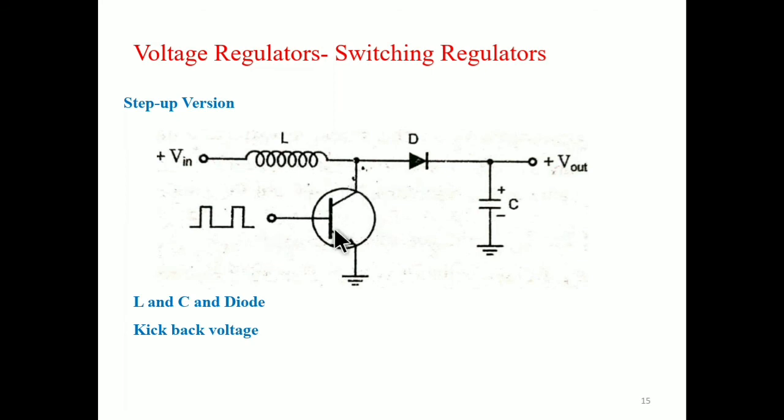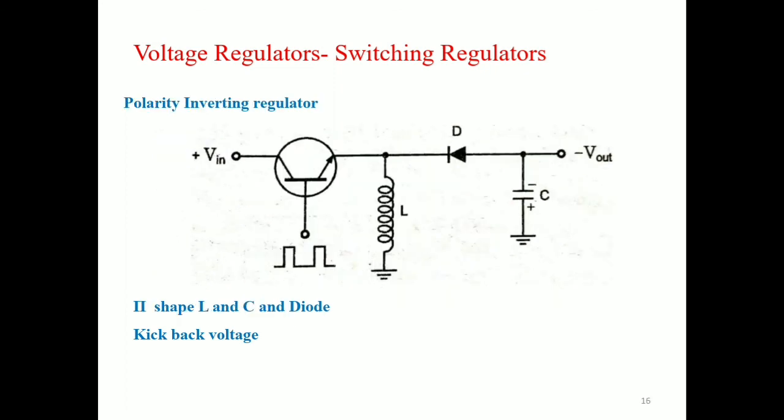The magnetic field around the coil collapses and induces a large voltage across the coil of opposite polarity. This keeps the current flowing in the same direction. Furthermore, the inductive kickback voltage is larger than the input voltage. So this is why it's called the step up configuration.